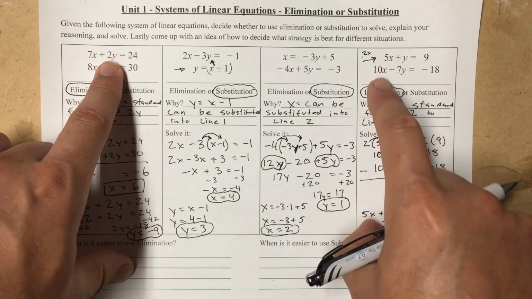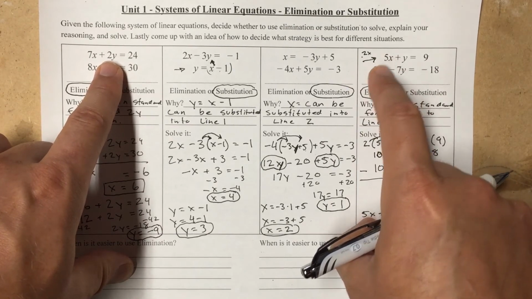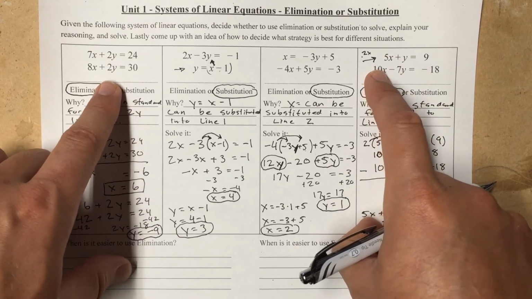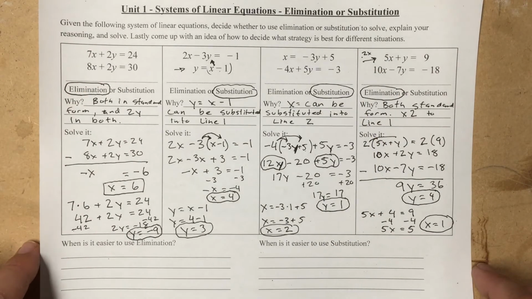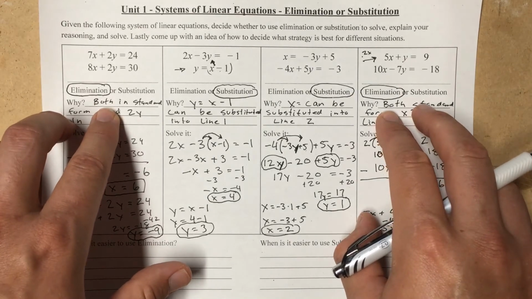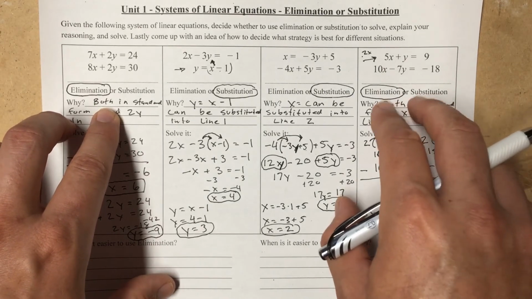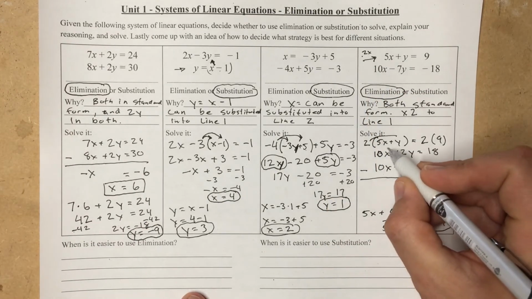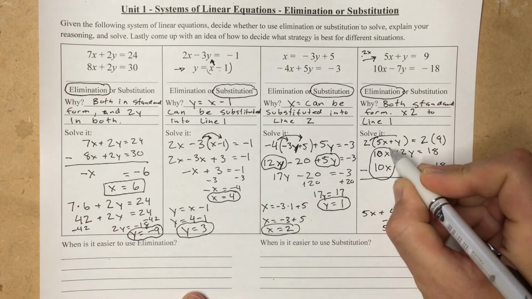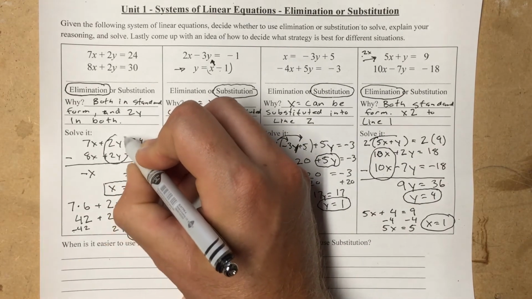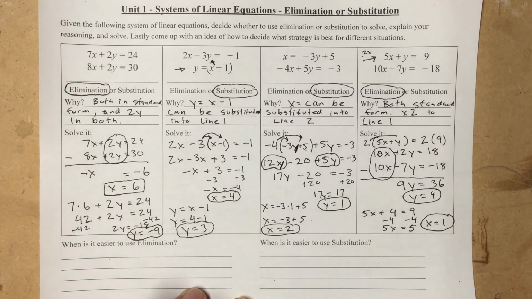This one, it took us multiplying by 2 to get something in common there. But the moral of the story is both of them in standard form, and it's very easy to get something in common. Like in this case, we made these 10x's in common. In this one, we were already given the 2y in common.